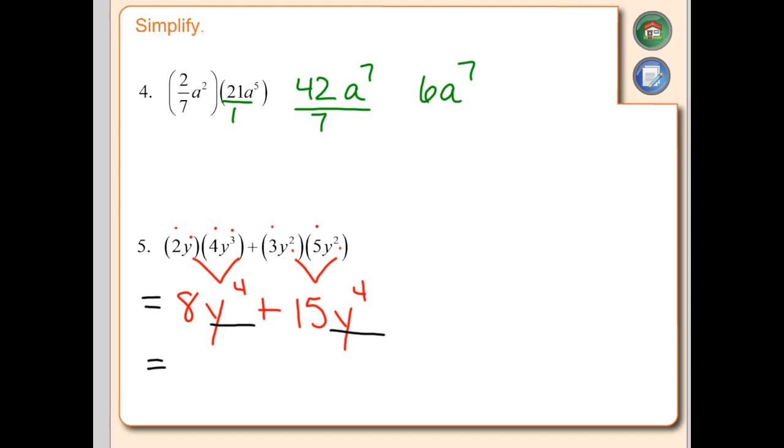So we just do the math with the numbers. What's 8 plus 15? That's right. Everybody says what? 23, and then we've got y to the 4th. Remember, when we're adding, we're collecting like terms. So we only look at the numbers, the numerical coefficients that are out in front. All right, great job.